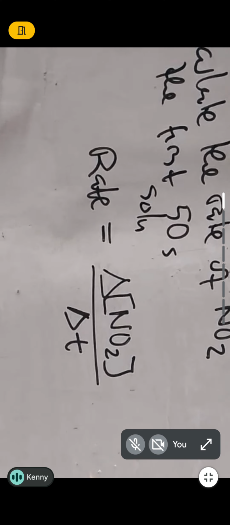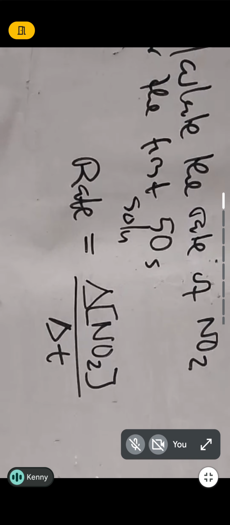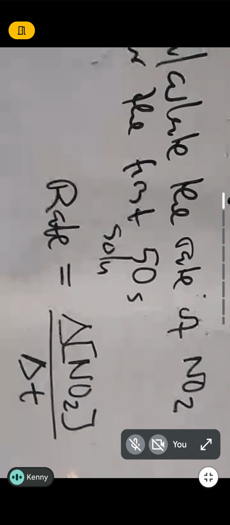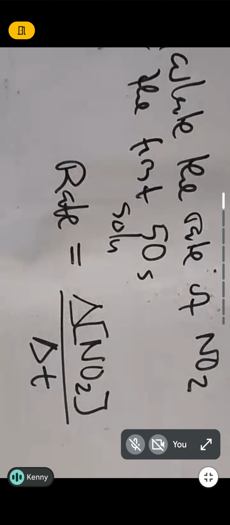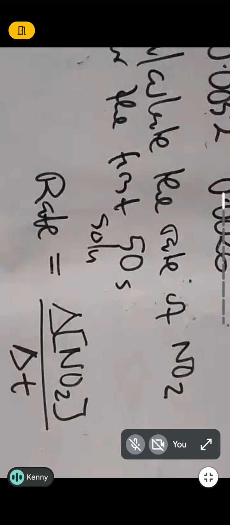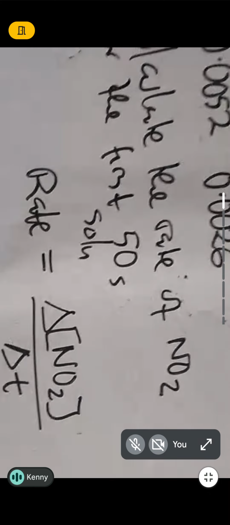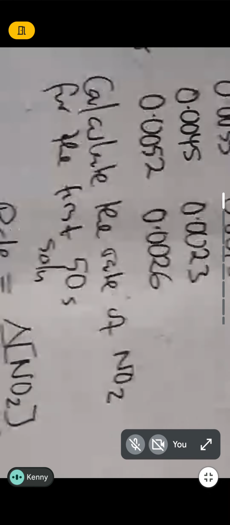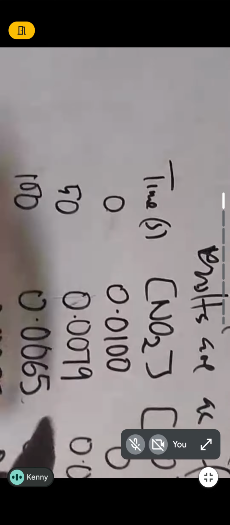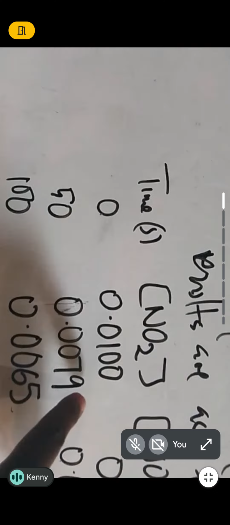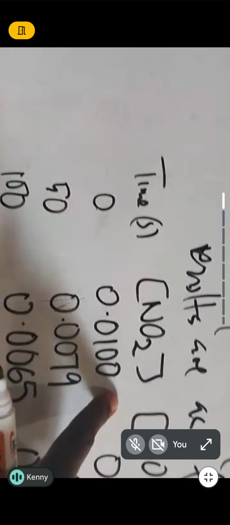Remember, we mentioned that delta is the concentration at T2 minus the concentration at T1. In this case, the concentration of NO2 at 50 seconds, so it is the final concentration minus the initial concentration.